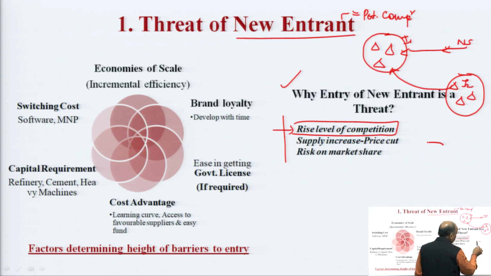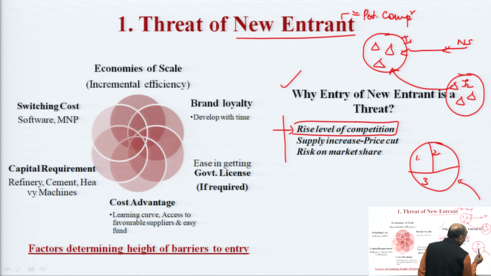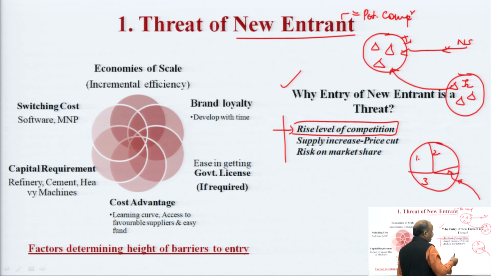Because if earlier the market share was divided into these three parts, 1, 2 and 3, and a new entrant joins, maybe its pie is very small, but this new entrant is going to slash some of the market share from this entire market. As a result, because of the risk to market share, the existing players consider this new entrant a threat.